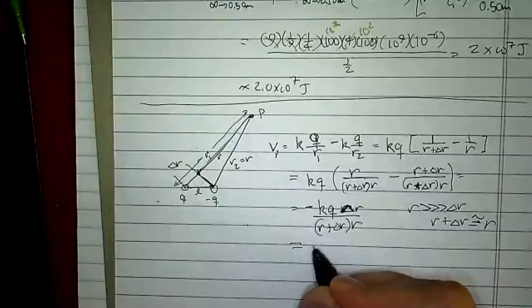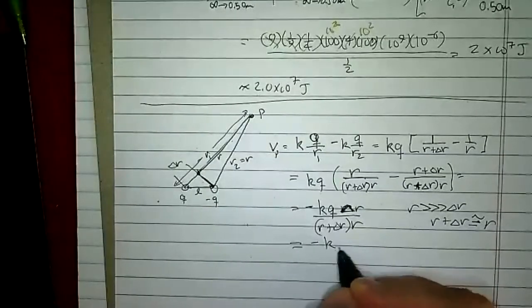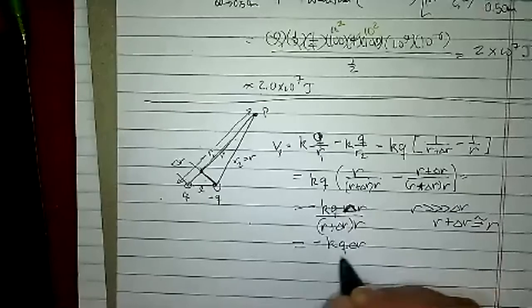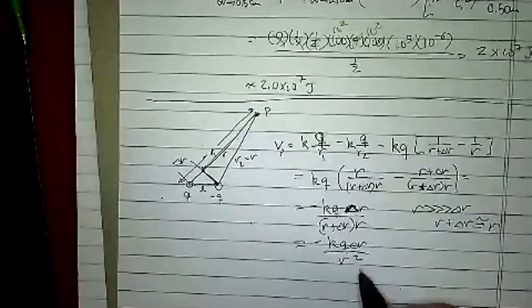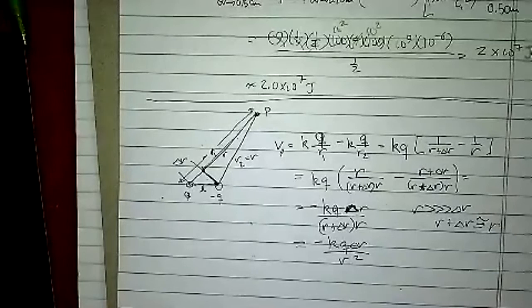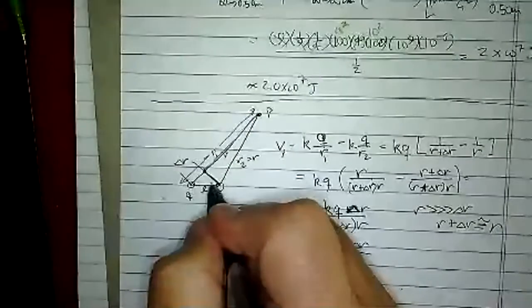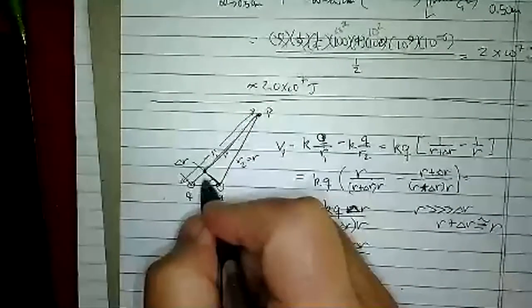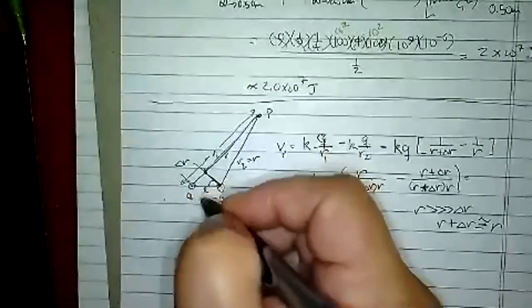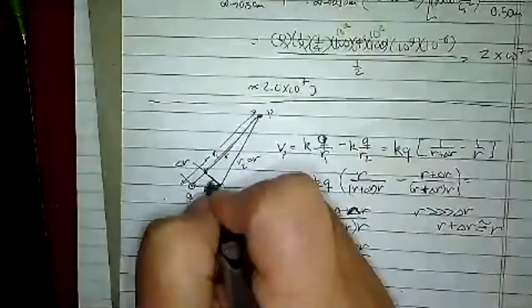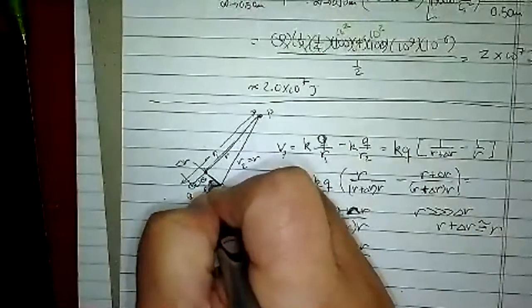So I will get negative K Q delta R over R squared. Now, if you look at this, let's call this angle theta.